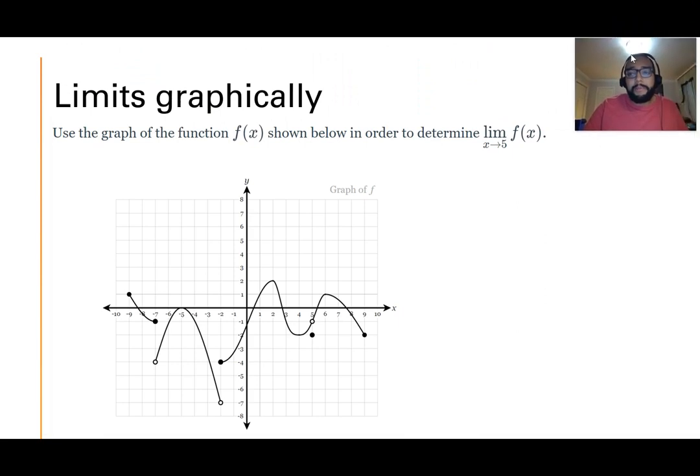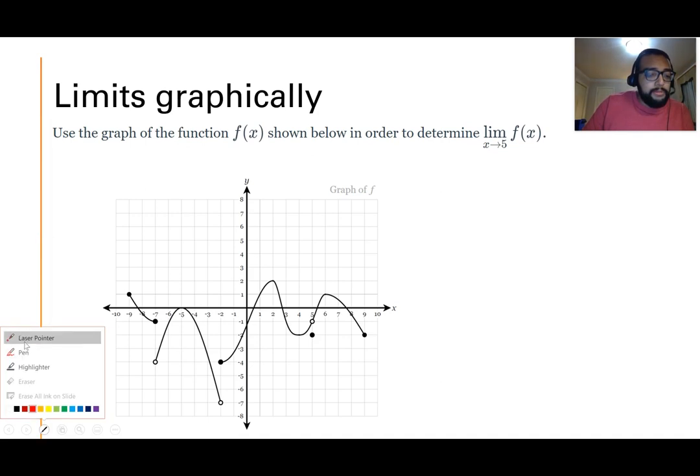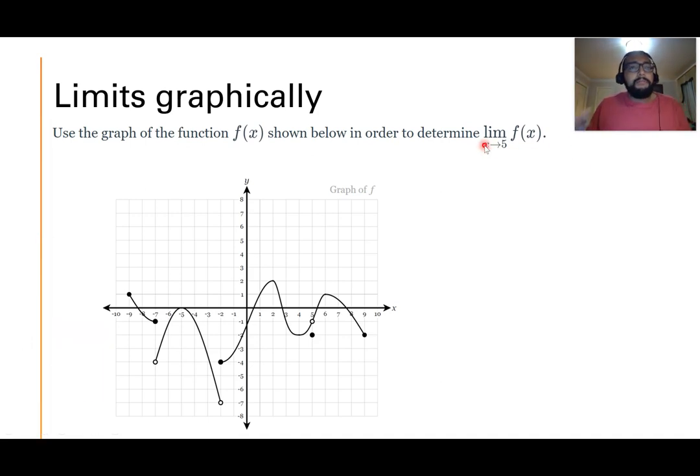Let me move this out of the way. So, limits graphically. Given just some graph, make sure you know how to calculate the limit. In this case, I have the limit as x approaches 5 of this graph of f of x. Limits do not care about what's happening at x equals a, but only what's happening around x equals a.